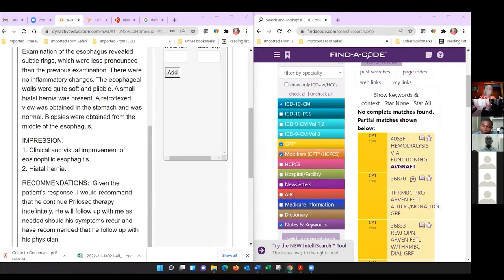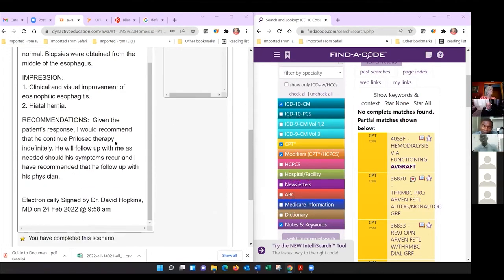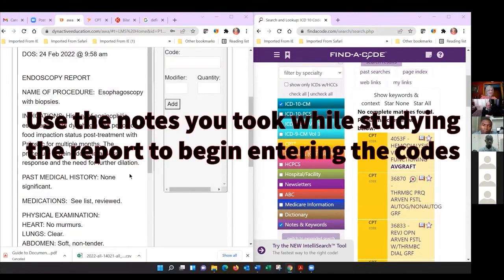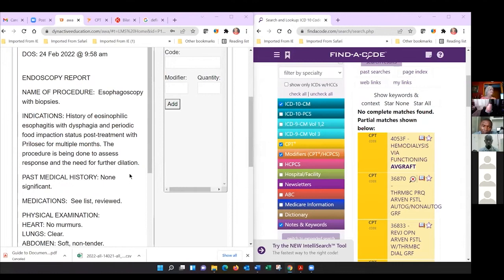All right. What have we got to code here? The recommendations, they're just going to continue the Prilosec, and he's going to follow up if symptoms recur. What have I written down in my notes that I need to code? Tell me what I'm supposed to code, Blessing.